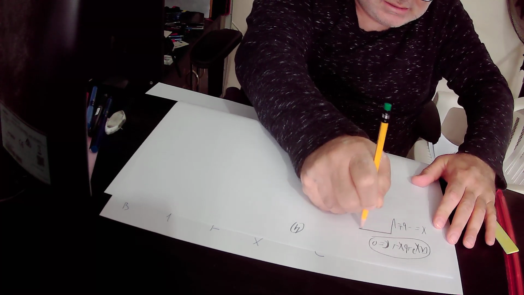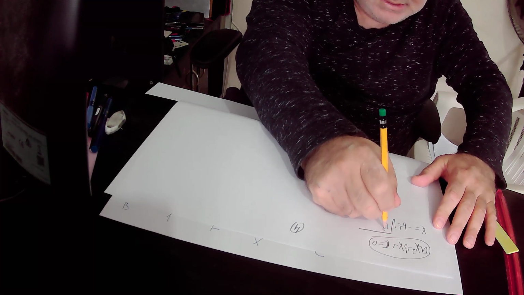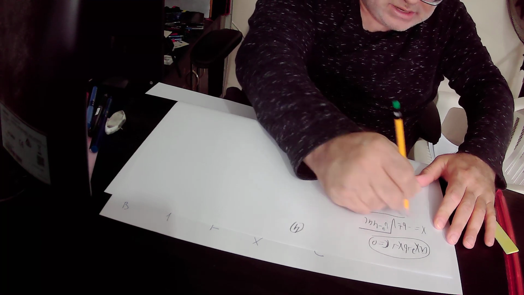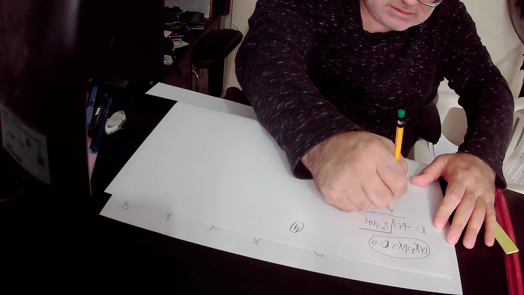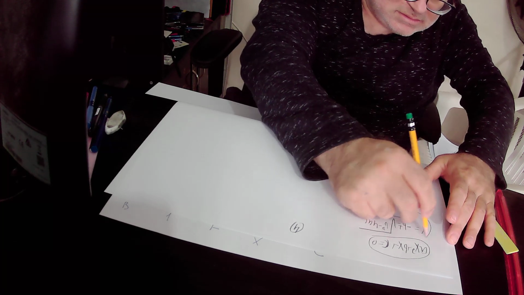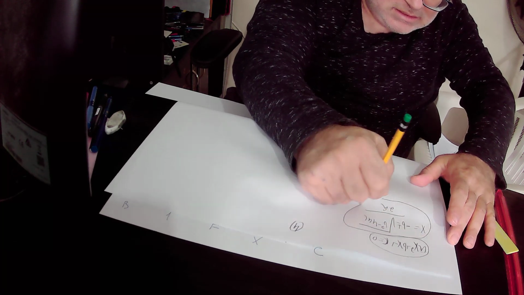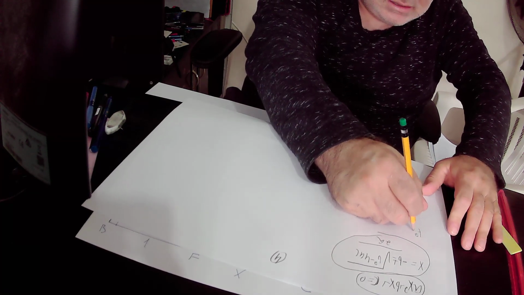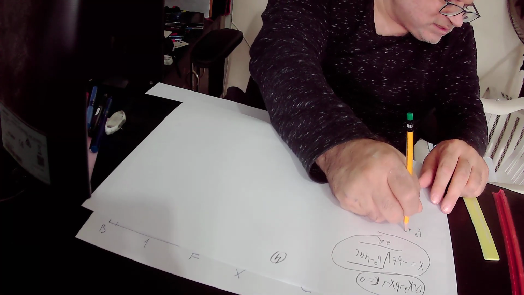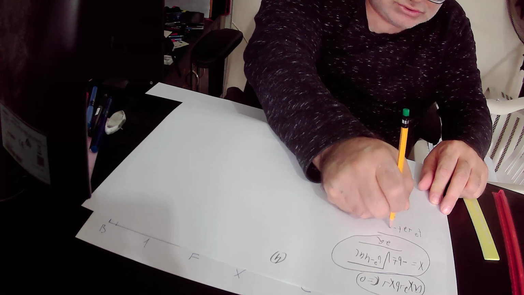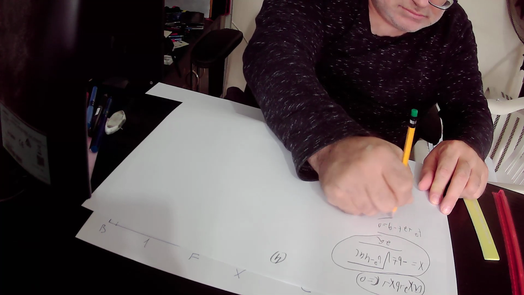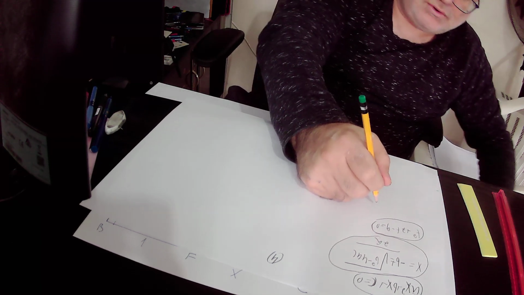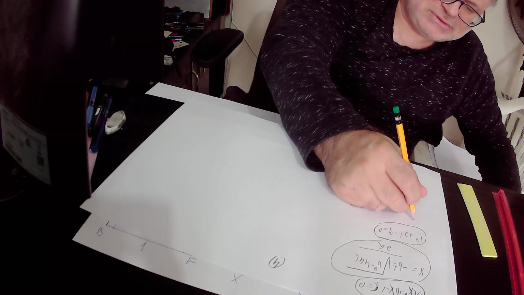minus b plus minus square root of b squared minus 4 times a times c, over 2a. In our specific quadratic equation, t squared plus 2t minus 9 equals 0, the variable that we are looking for is t, so x equals t.